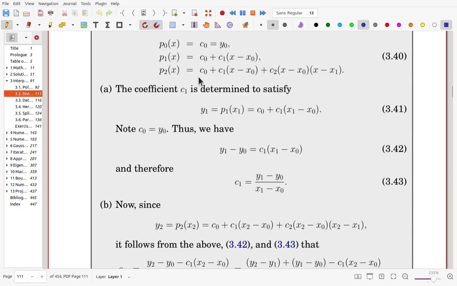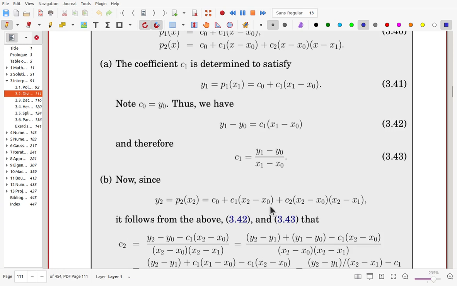Now c0 and c1 are known, and then c2 can be decided to satisfy the equation p2(x2) equals y2. So we have this right hand side, and everything is known here.